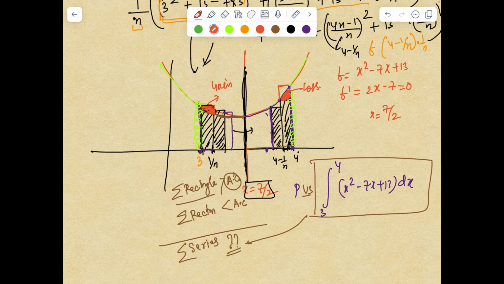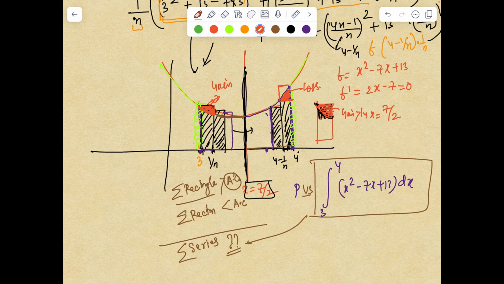You can clearly feel from here the gain is definitely greater than the loss, right? Since the curve is going like this, definitely the area that is gained is above the diagonal. It's like half of this rectangle plus something else, right? So the area gain is represented by this region, which is clearly more than the loss over here. So here we are gaining more, but here we are losing less, right?